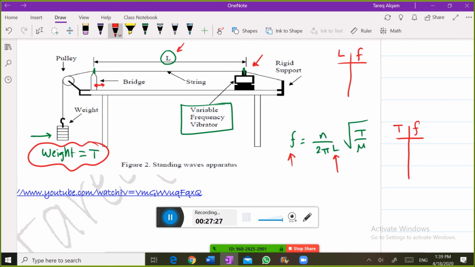So I have two investigations that might be carried out, either frequency versus length or frequency versus tension.